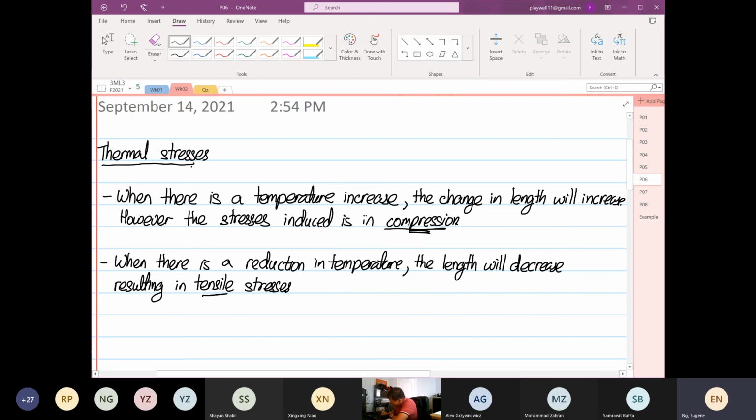Some of you like, hey, this does not make sense. You reduce the length, you should be in compression. Yes or no? Now this is very unique for temperature change.